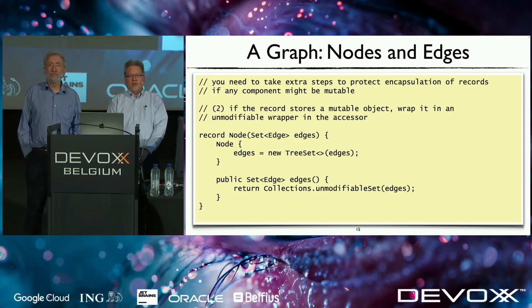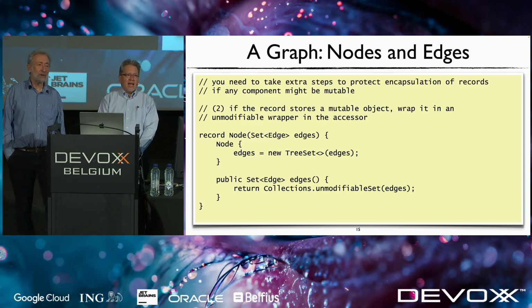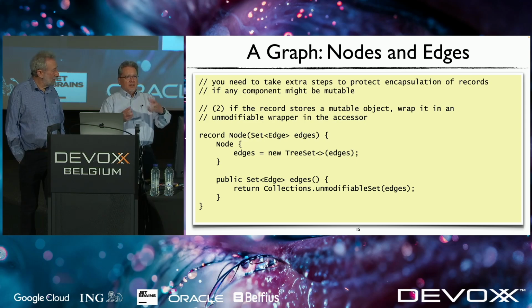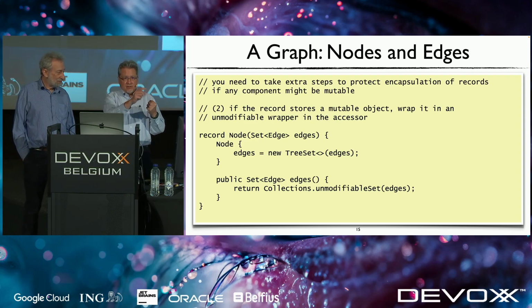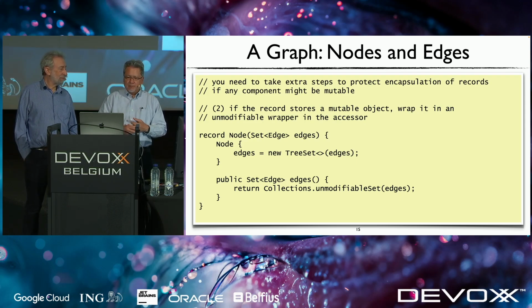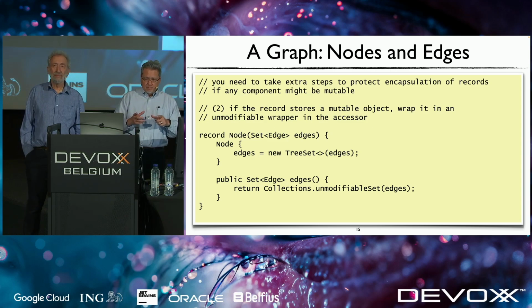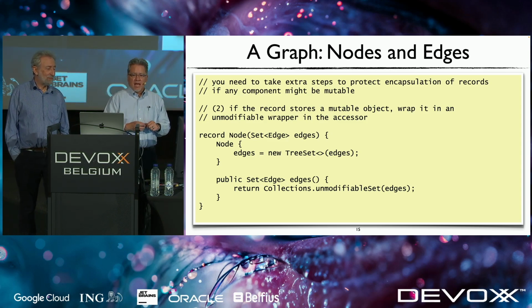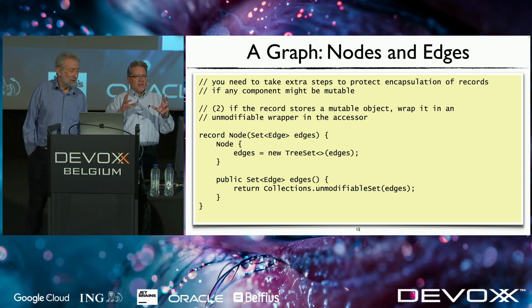And so now if you have the edges accessor method return a reference to that, we're back into that problem where the caller can get the reference to it and then start modifying it, which again, you've broken encapsulation. So here, what we do is we have to override the edges accessor method and then do something to protect ourselves.